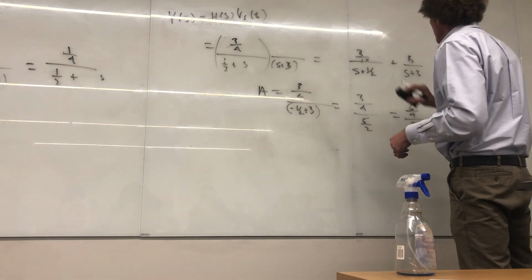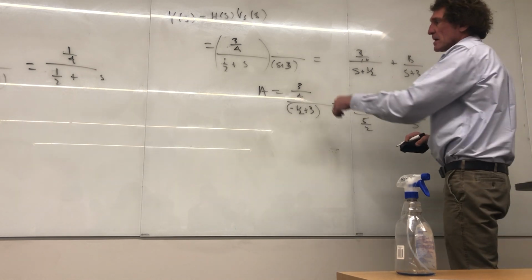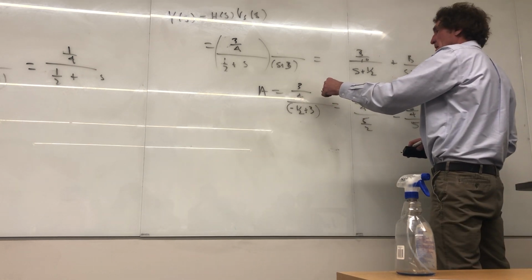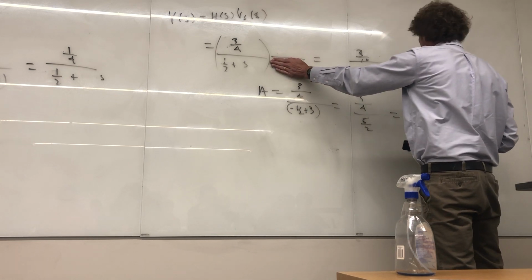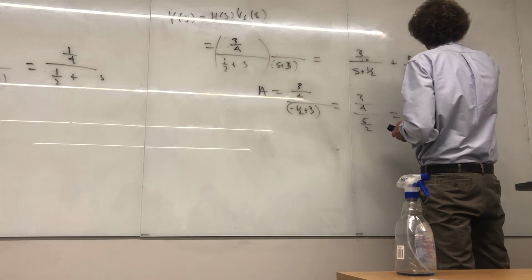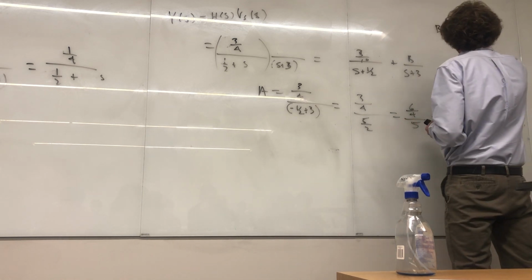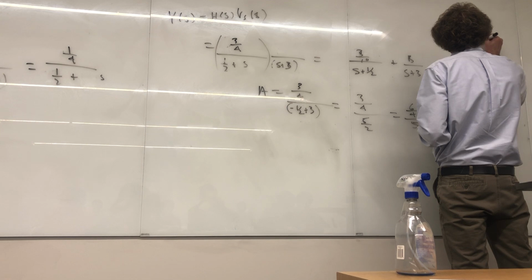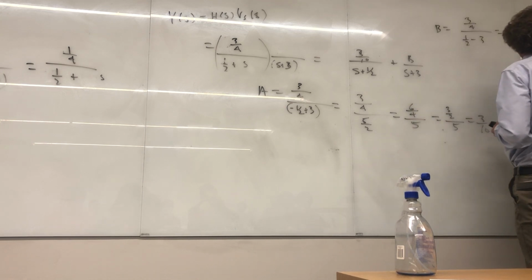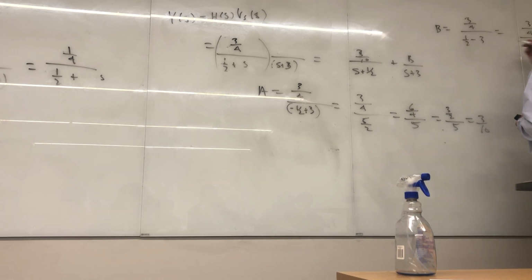And then for B, to get B, I cover this up and I let S equal minus 3. For B, I'm going to get 3/4 over 1/2 minus 3 here. Wait a second, did I do that right?